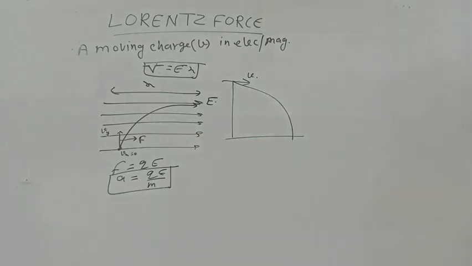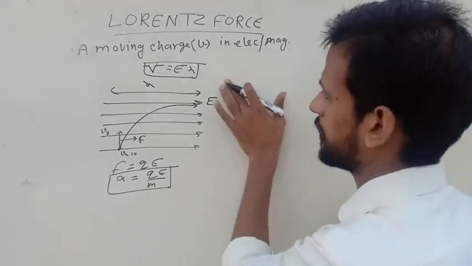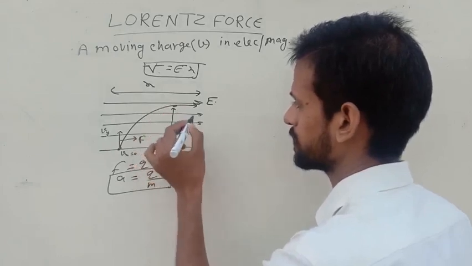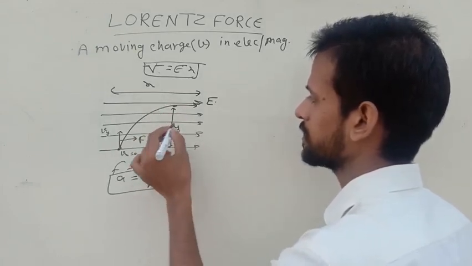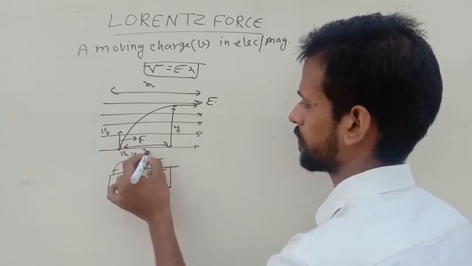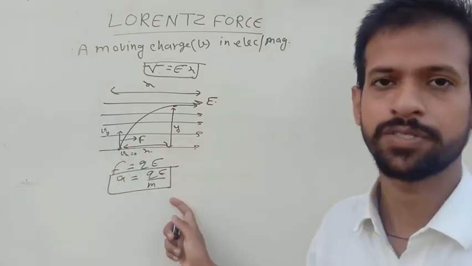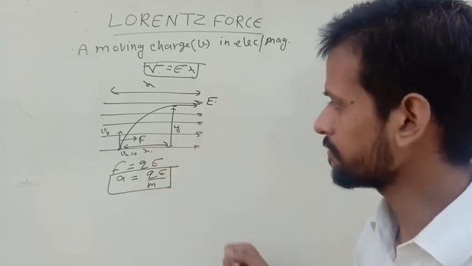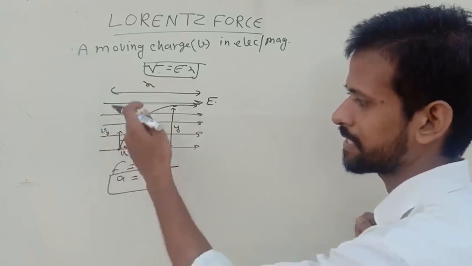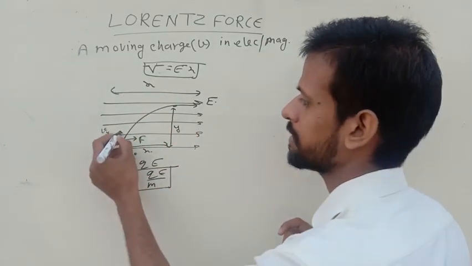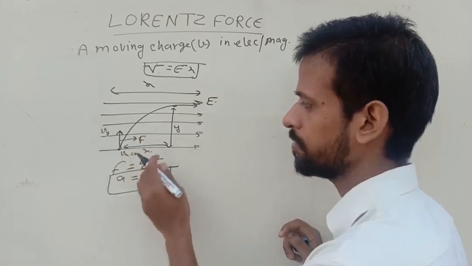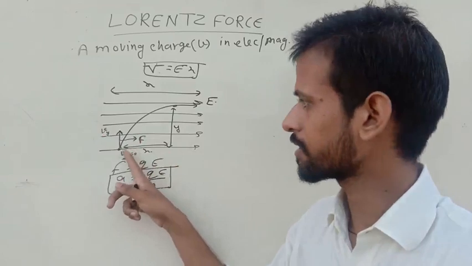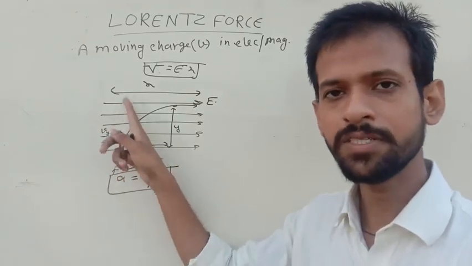Now at this particular point, this is the displacement x, sorry, this is the y direction and this is x. So we can write the equation of motion for both x and y. In y we see there is no acceleration, because this is the direction of Vy and this is the direction of force. So Vx is influenced by this force, but there is no force on the component Vy. This will remain constant.